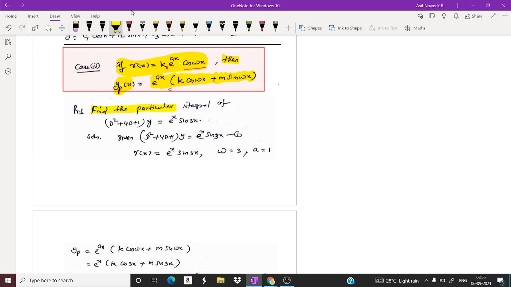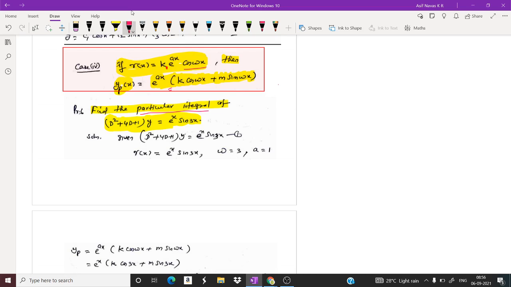Find the particular integral of (d square plus 4d plus 1) y is equal to e raised to x sin 3x. So here the question is to find only the particular integral, so we don't want to find the homogeneous part.